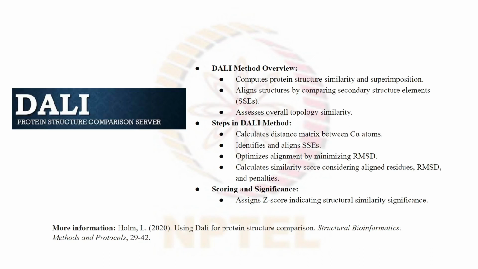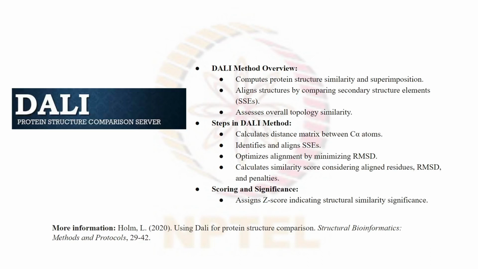Here this method aligns secondary structure elements and assesses the overall topology. The steps include computing a distance matrix between pairs of C alpha atoms in the protein structures, then identifying the secondary structure elements and aligning them based on their spatial arrangement.